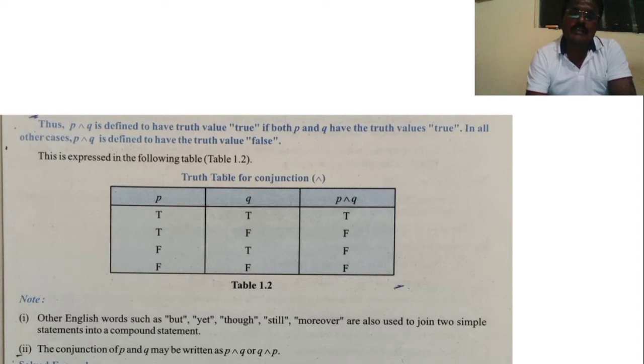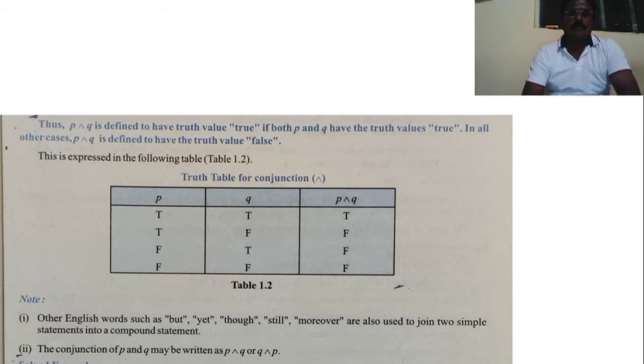If P is true and Q is true, then P and Q is true. In the other three cases it is false: first true, second false, the conjunction is false; first false, second true, it is false; first false, second false, the conjunction is false.